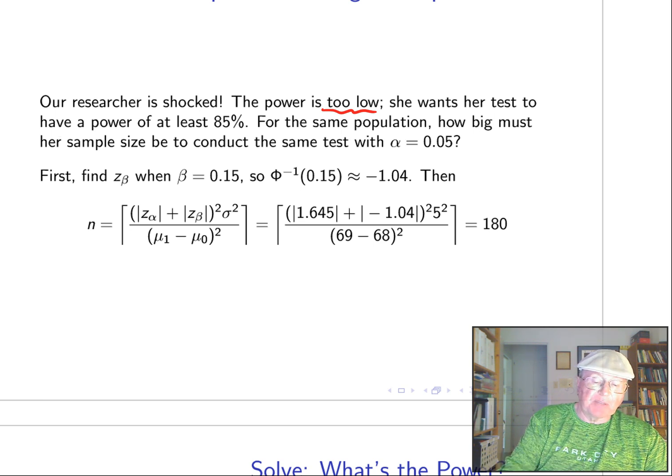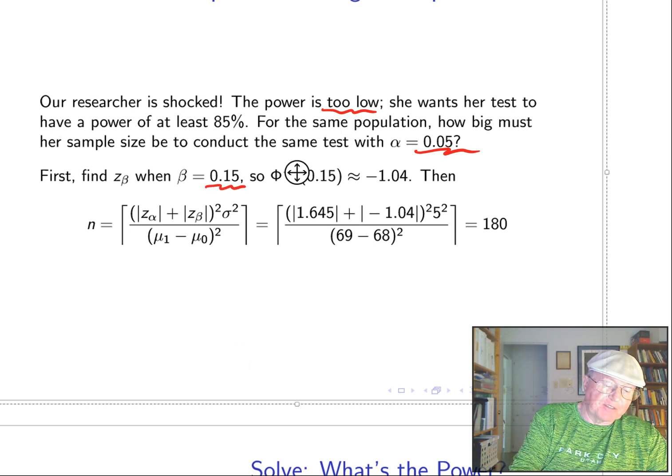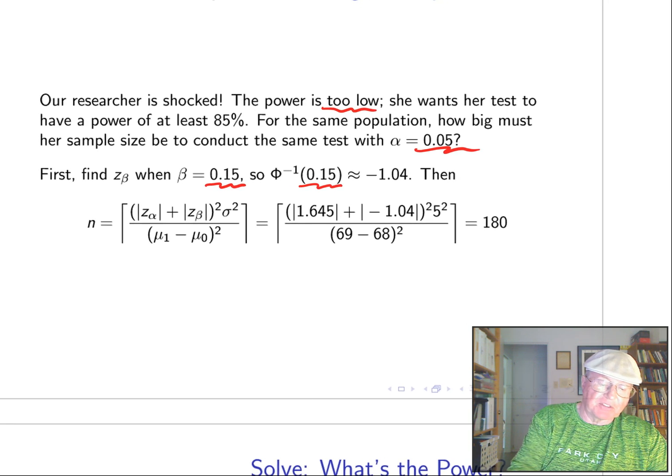For the same population, how big must her sample size be to conduct the same test with the same alpha, 5%? So, if power is 85%, beta is 15%, we'll do a backwards lookup in the z-table, 15%, and get a z-score of minus 1.04. Then, we'll go ahead and calculate the sample size.